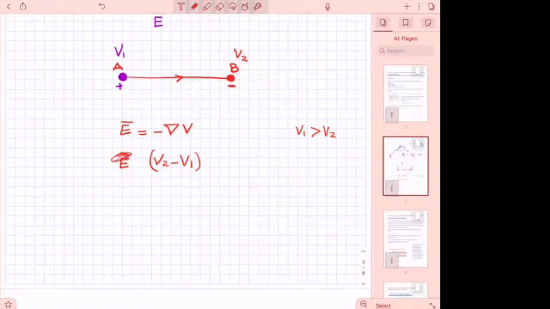If therefore there is a change of potential between the two positions because of the electric field, V1 and V2, then the E field is the negative differential of V, which is practically the negative of V2 minus V1, which is V1 minus V2, which said already the energy at A was higher than the energy at B. And therefore, the direction of the electric field is from the higher potential to the lower potential. That's what it says.